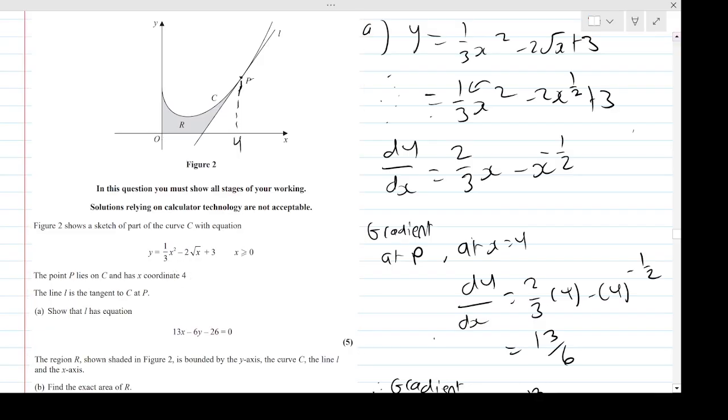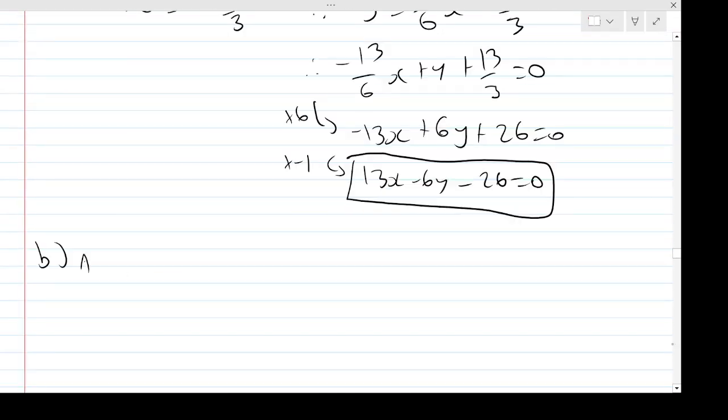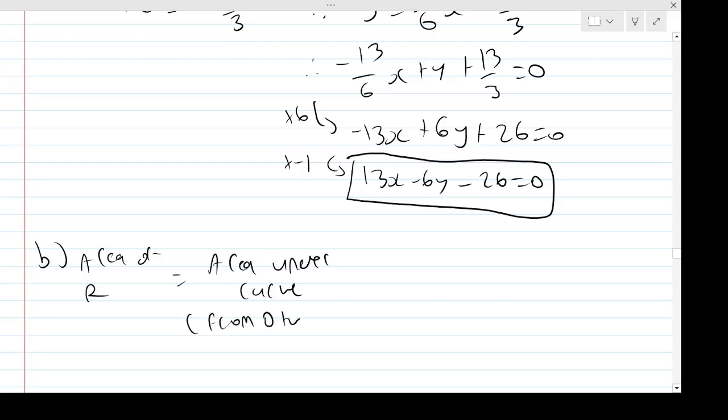So what exactly are we integrating then? Visualise that to get the area of R, we're going to get the area under the curve between 0 and 4, which is here. That's the whole area there. So the area of R is the area under the curve from 0 to 4.